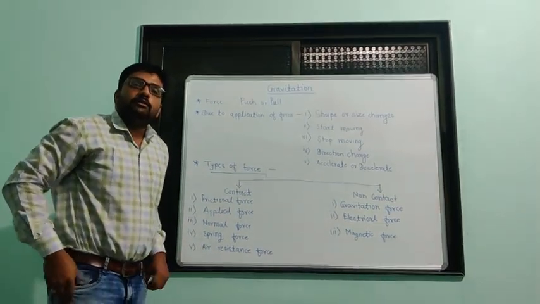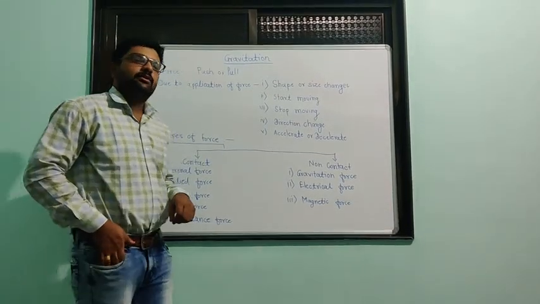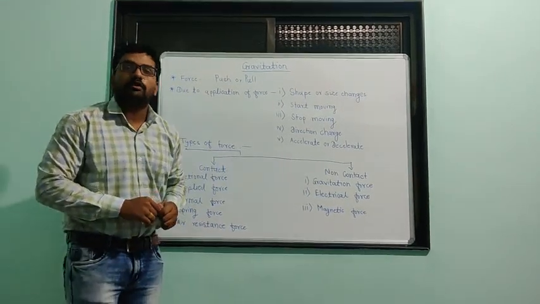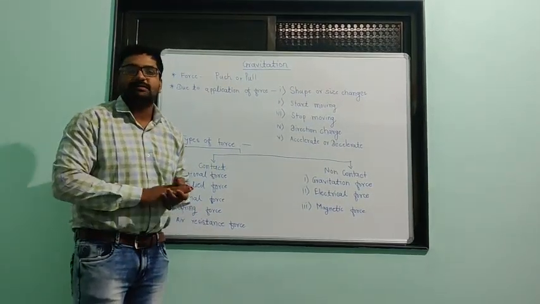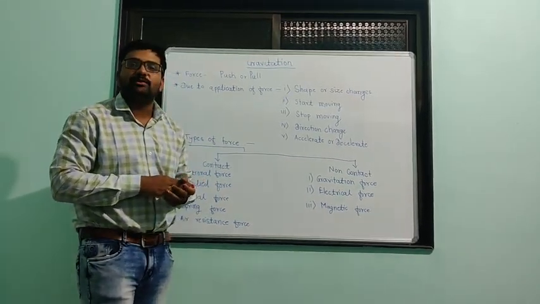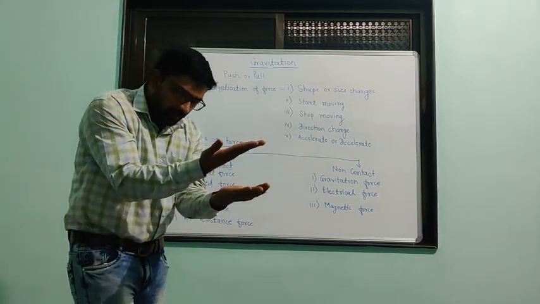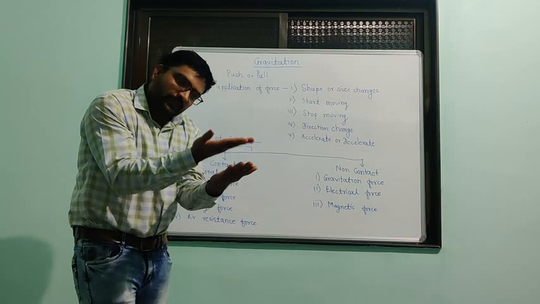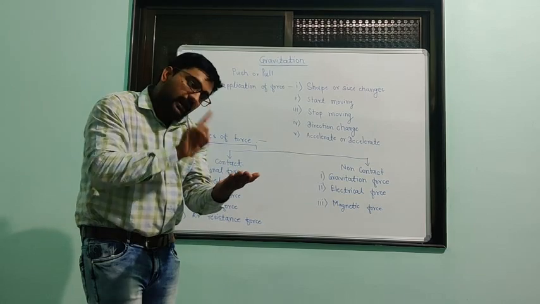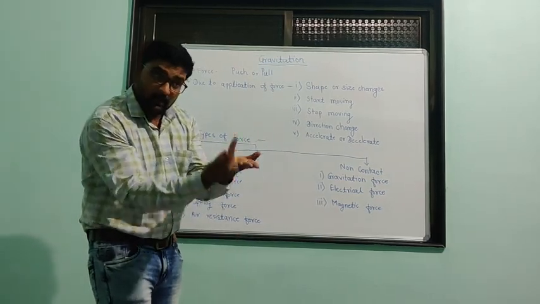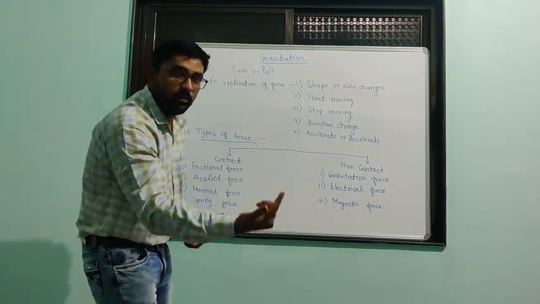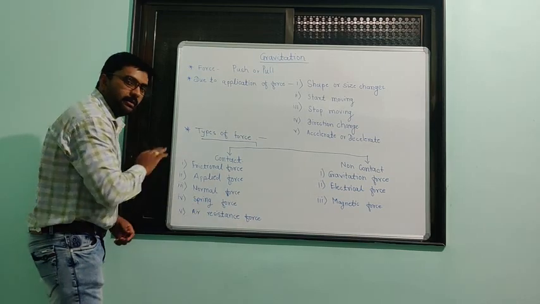That law tells us that for every action there is an equal and opposite reaction. If I place a book on the surface of the table, then that book will apply some force on the surface of the table. An equal and opposite force will be applied upward by the surface of the table. That upward force is called the normal force.